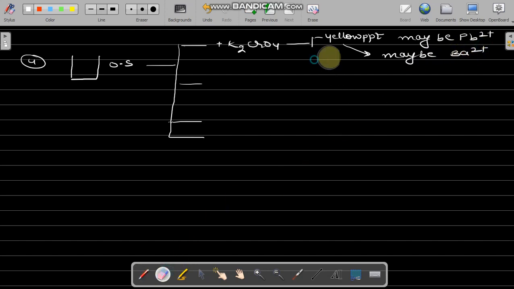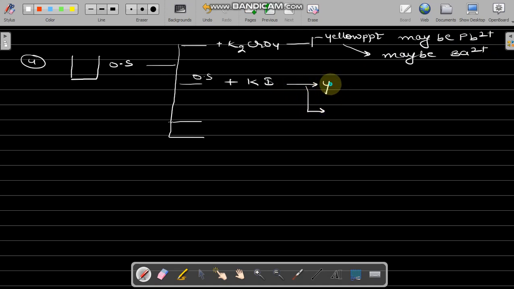Okay, if yellow PPT comes, two possibilities are there. So what we do, in the given original solution, we put KI. Here we have got yellow PPT, but we are confused which of the two cations it is, so we put potassium iodide. Now what happens in this case?